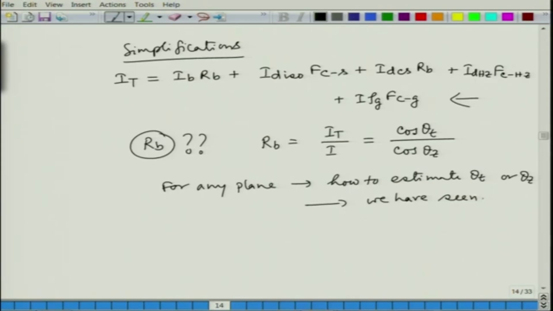So, well and good, but the problem is that theta t and theta z are changing every minute, right. It is a continuous variable. So, what we do, suppose for an hour, 10 am to 11 am, we take the R B corresponding to 10:30 or the midpoint of that hour.